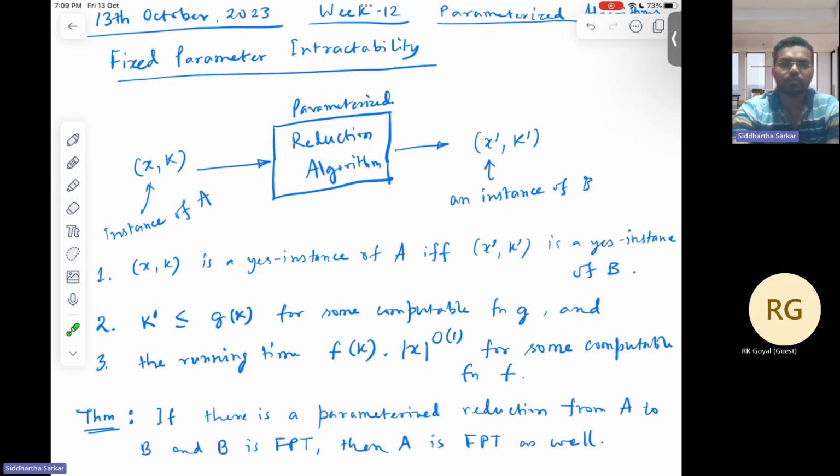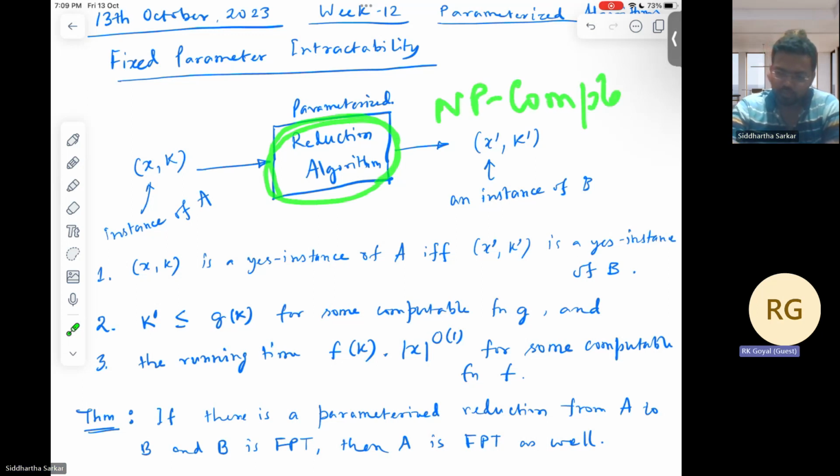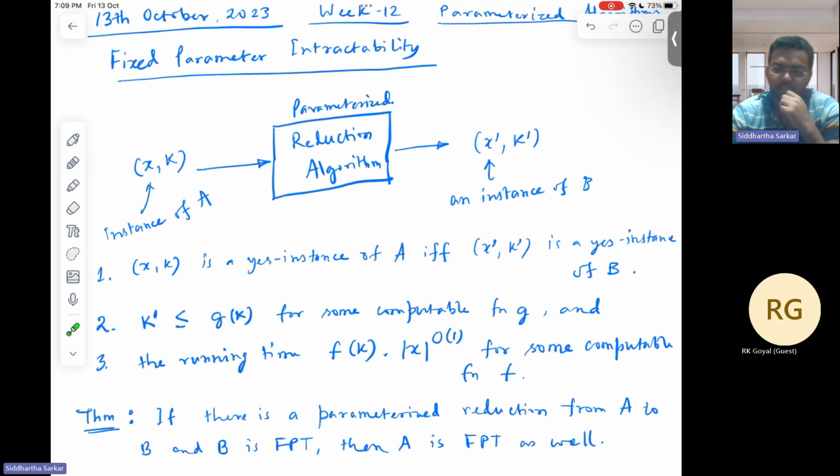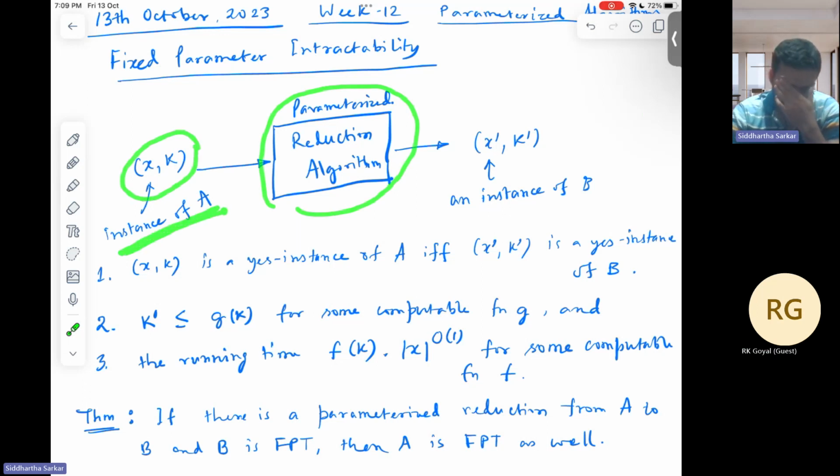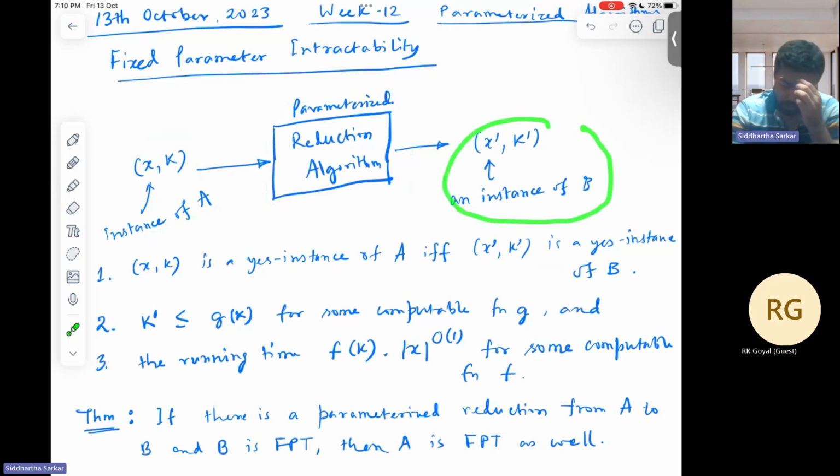In the theory of NP completeness, which I think you are aware of, there are reduction algorithms that help us decide whether a problem is NP complete or not. So here also, given a problem, we'll try to see if we can reduce it. Let us say A is a problem. We take an instance of the problem and convert it into an instance of another problem.